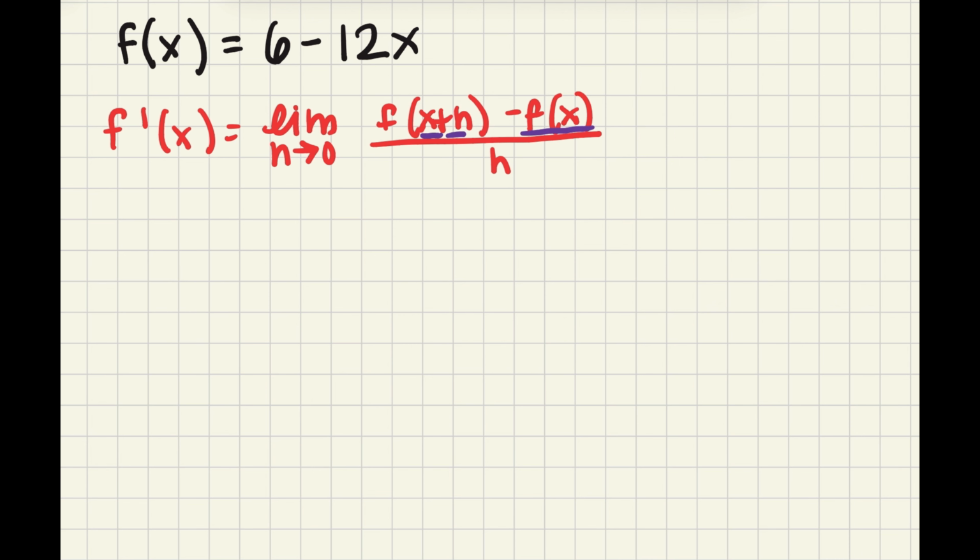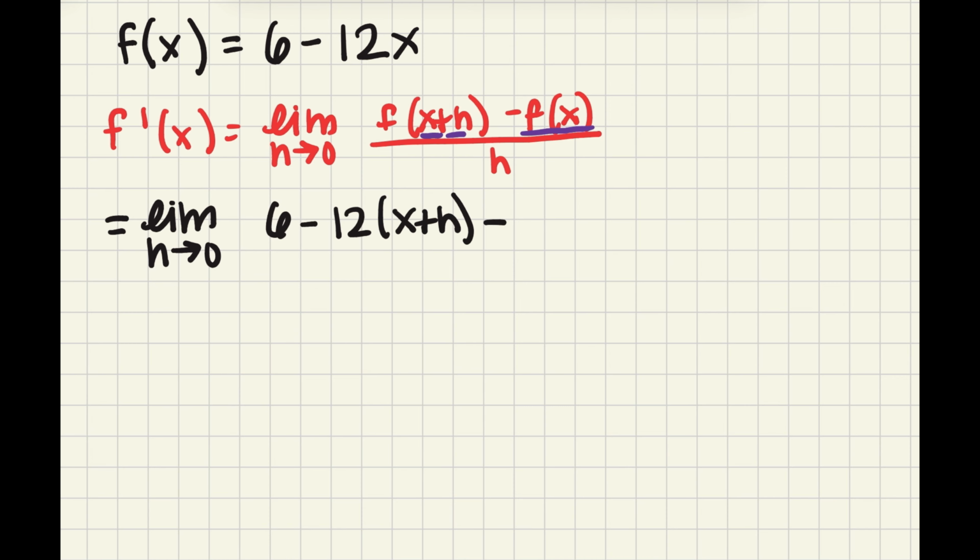F of x is always just our original function. So what does that look like? Here we go. Limit as h approaches 0 will give us 6 minus 12 times x plus h minus our original function, which is 6 minus 12x over h.